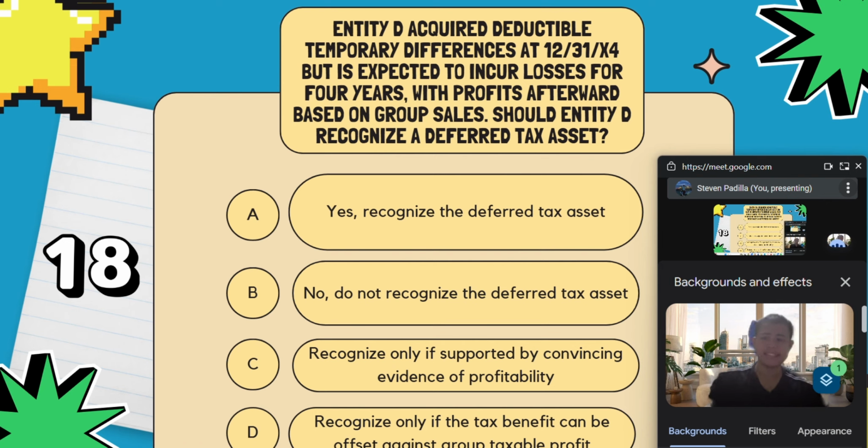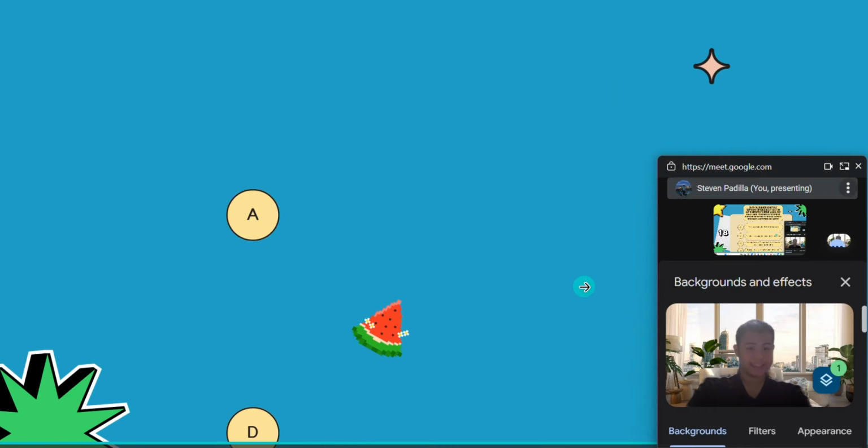So the asset can only be recognized if there is convincing evidence, such as firm sales contracts, to support future probability. Therefore, for number 18, the answer is letter C. It will be recognized only if supported by convincing evidence of profitability. So, let's proceed to number 19.